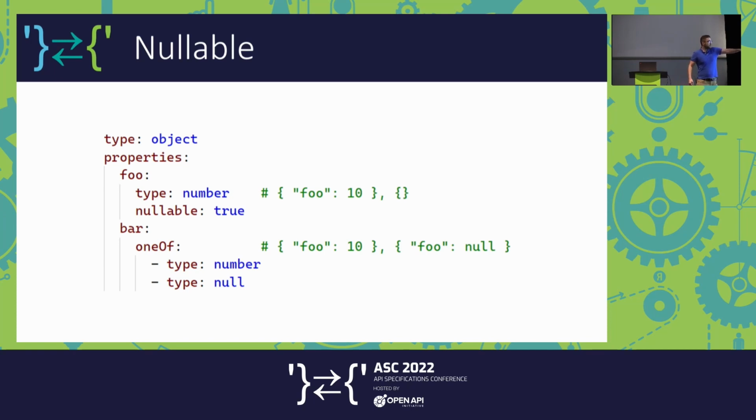And you can either have foo with a number value, or foo with a null value, which was not supported earlier, and that's it. And then you have a third example that I forgot to include here, which is an array for the type. So you could have type, square bracket, number, comma, null, and closing square bracket.